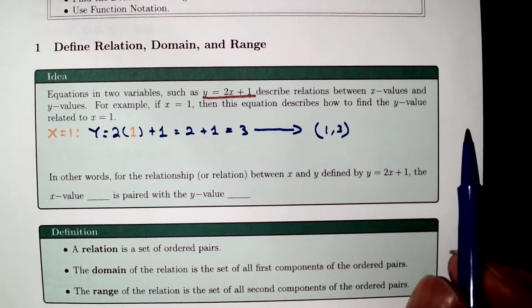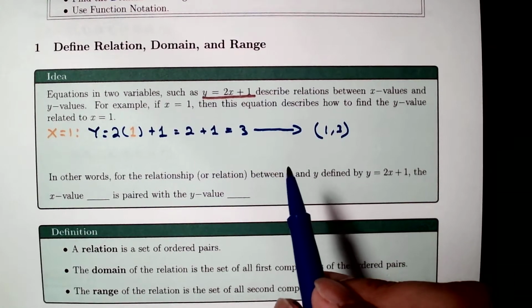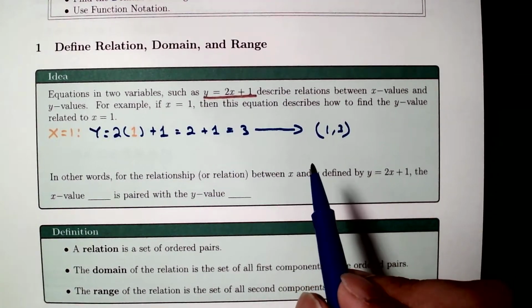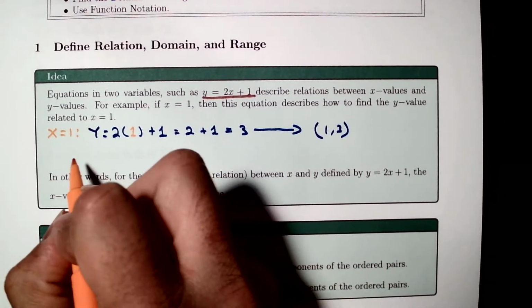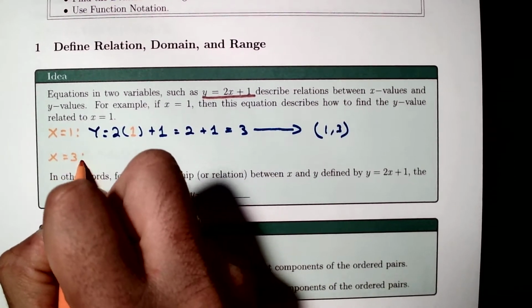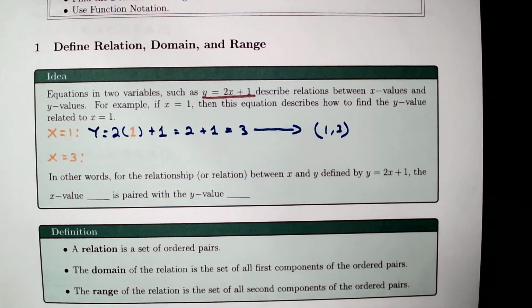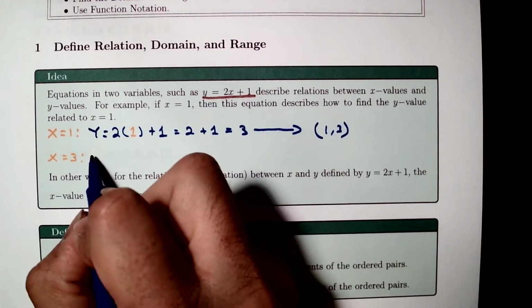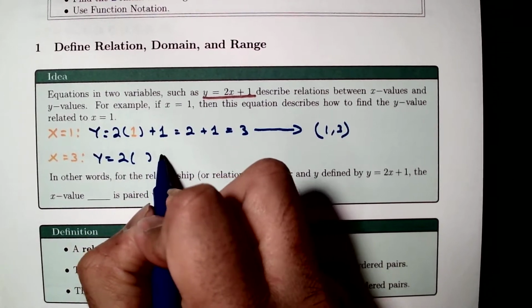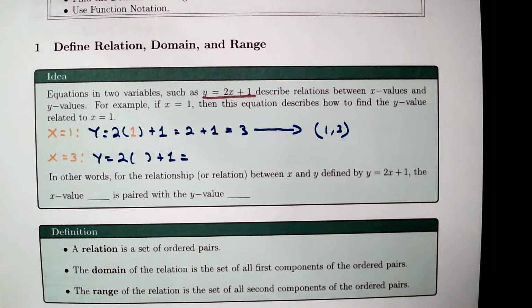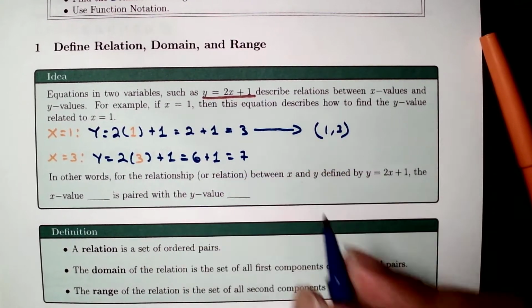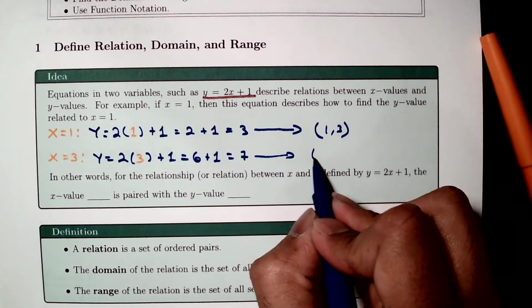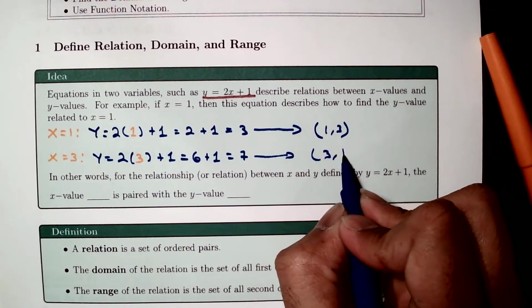However, in this case we are going to give it a different meaning this time. So let's do another example. For instance, for x equals 3, what is the y value? Well, y equals 2 times 3 plus 1 equals 6 plus 1 equals 7. So that means that we have the point (3, 7).